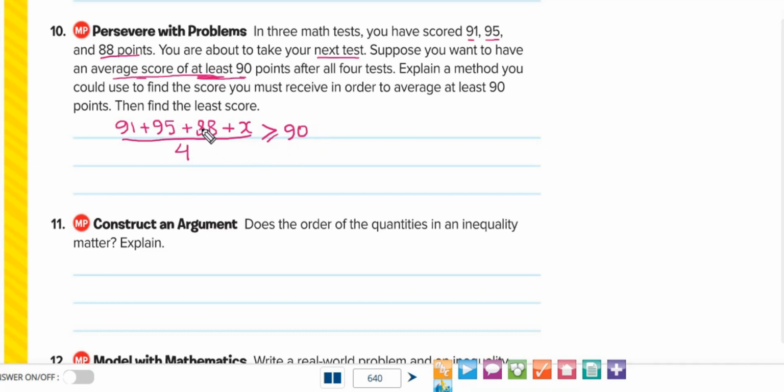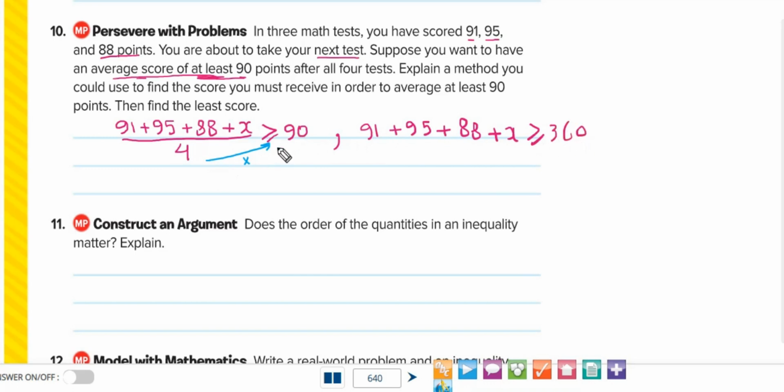Of course, to solve this problem, we need to get rid of the 4 first. So to get rid of the 4, just multiply the 4 by the 90 on the other side. So this will be 91 plus 95 plus 88 plus x greater than or equal to 4 times 90, which is 360.